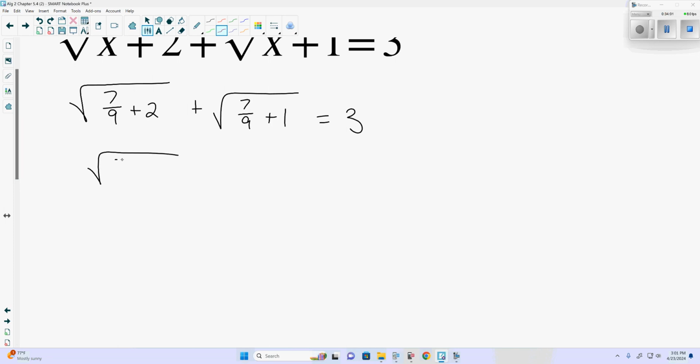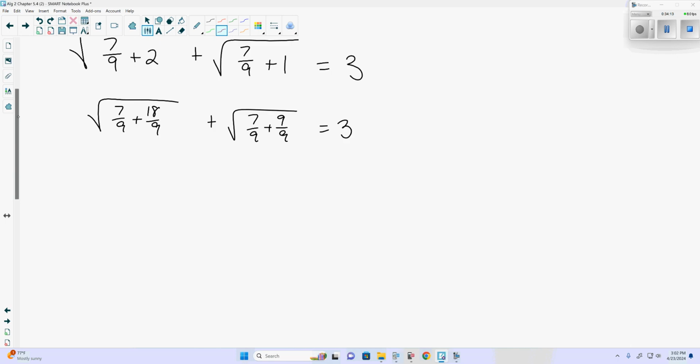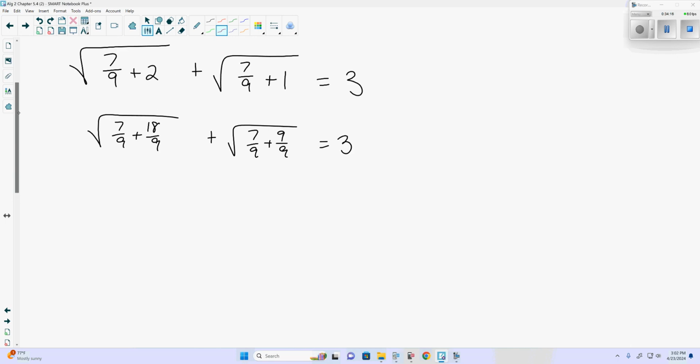Because if we're adding these two together, we need the denominators to be the same. Now our 7/9 plus 18/9 would be the square root of 25/9. 7 plus 9 is 16/9. Square root of 25/9, square root of 25 is 5, 9 is 3.